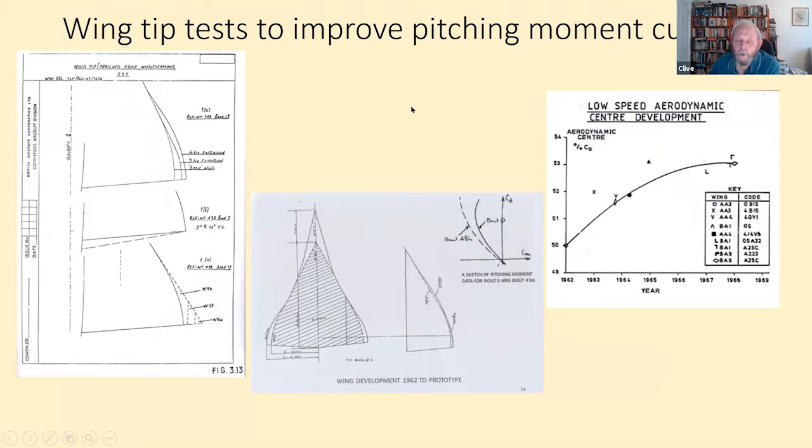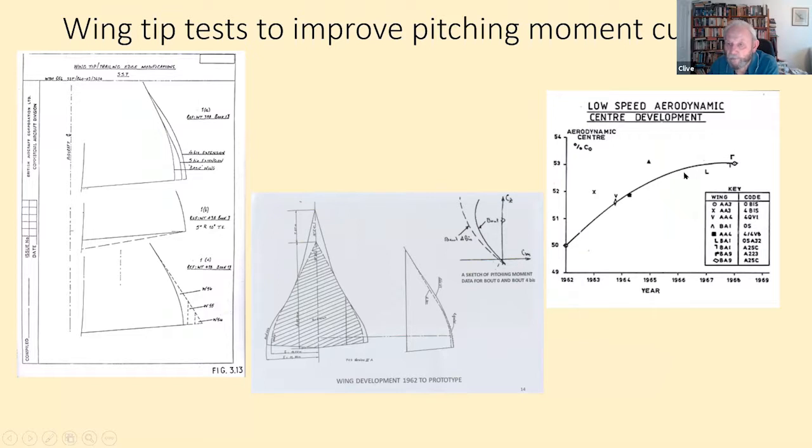I did mention that we did tests to improve the pitching moment curve. The sort of thing we had at the beginning was this sort of bendy curve. And by changing it, we managed to improve it on the prototype to something more like that, which became, over the years, between 1962, we had that.